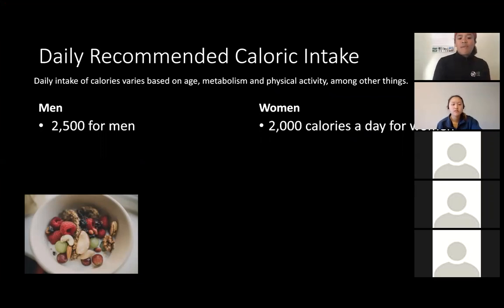Here we see men on average need about 2,500 calories per day, and women about 2,000 calories per day. This is just the daily recommended intake from the FDA and other health clinic recommendations and doctors. Again, it all depends on your age, metabolism, and your physical activity.